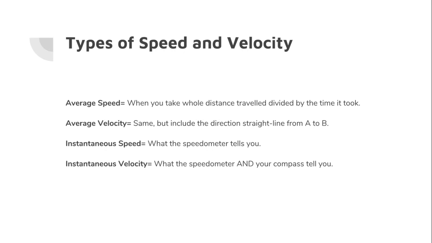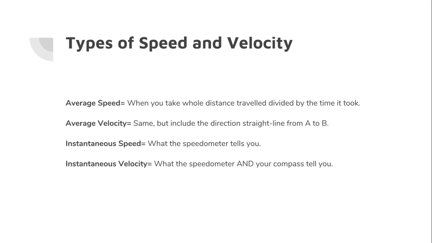Now, if you want to make that the average velocity, just calculate the average speed and then say which direction you went. So whatever number you come up with, you would say, I went that fast as an average velocity to the southeast. Instantaneous speed is what the speedometer tells you as you're driving. So that's the speed at a specific point in time.